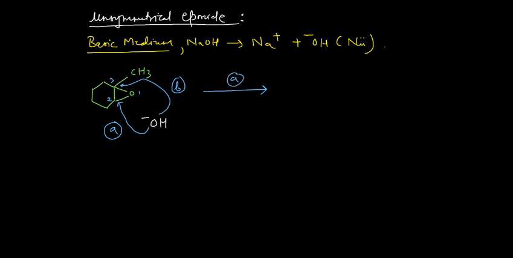You will have the resulting species, just like that, a 6-membered ring. When this hydroxide attacks over there, one of the bonds between carbon and oxygen will break and the electron density will shift towards the oxygen, which is the more electronegative element.